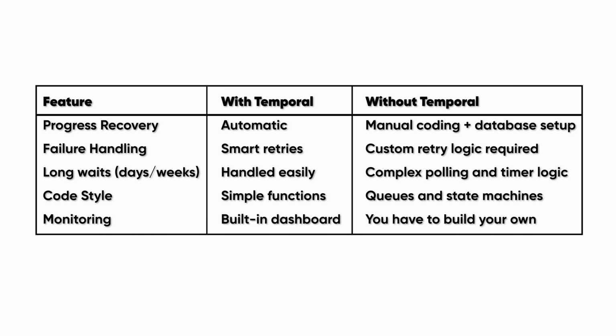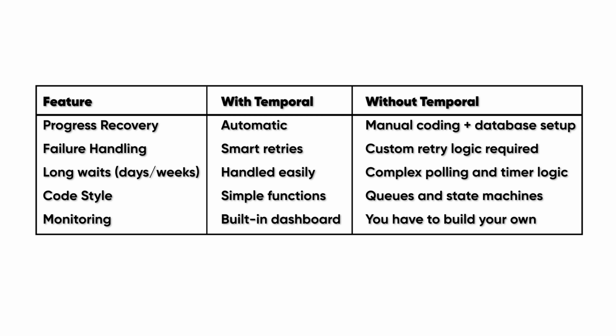So here's a quick summary. Progress recovery with Temporal is automatic. Now, without it, you need manual coding and databases. Failure handling is built in with smart retries. Without it, you need to write your own logic. Long waits, even for days or weeks, are no problem for Temporal because without it, you're stuck with complex polling and timers.